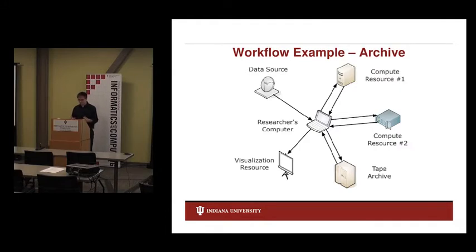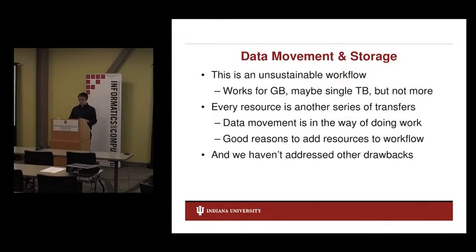So you can see a lot of arrows here, a lot of transfers, and it's starting to get cumbersome. It's starting to get in the way of actually doing science. So you can see that with 4 resources, it's starting to get out of control. It's starting to become unsustainable. Like I said, it might work for gigabytes, maybe even 100 gigabytes if you have fast network connections, maybe even terabytes if you're really patient, but certainly not much more than that.